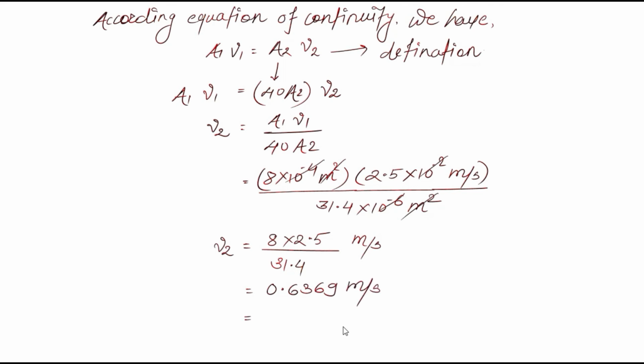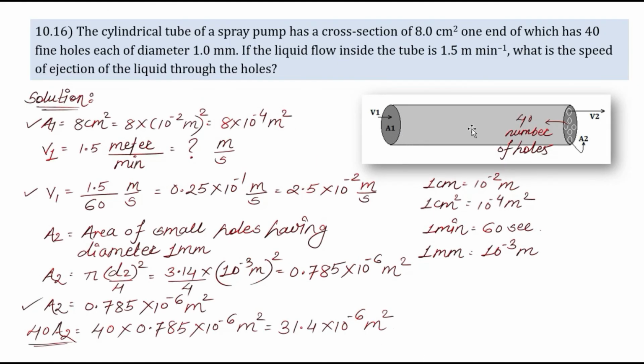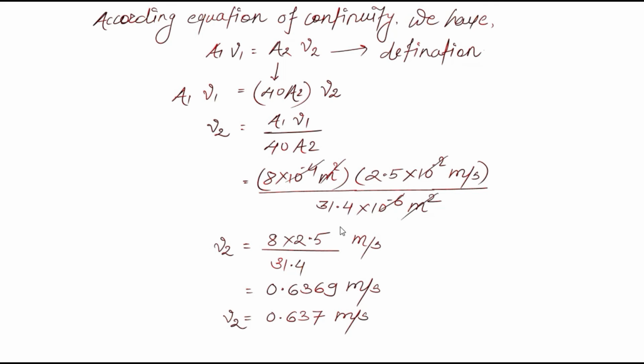By rounding off we get 0.637 meter per second. That is V2, the velocity of water coming out from these holes. This is the answer to what they asked, the speed of ejection of liquid through the holes. So we got V2, and this is our final answer.